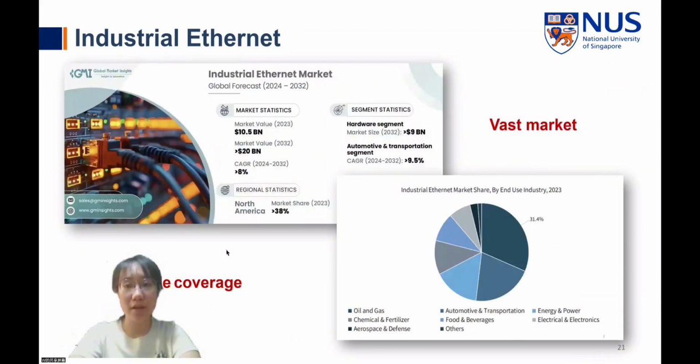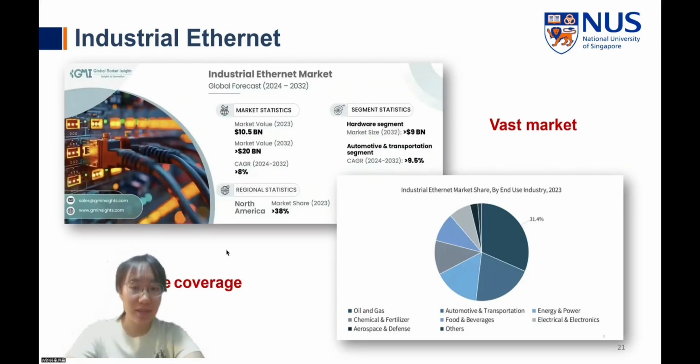And with Ethernet's advantages, such as low cost and high-speed transmission, it is becoming the mainstream choice for industrial communication. As Industry 4.0 continues to advance, an increasing number of enterprises are now connecting their devices to cloud platforms, fueling the rapid development of industrial Ethernet.